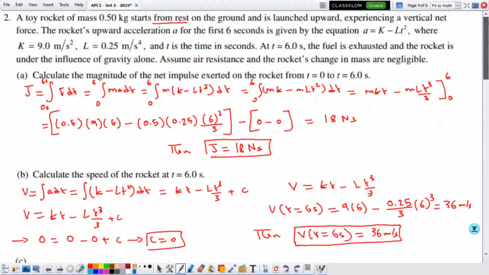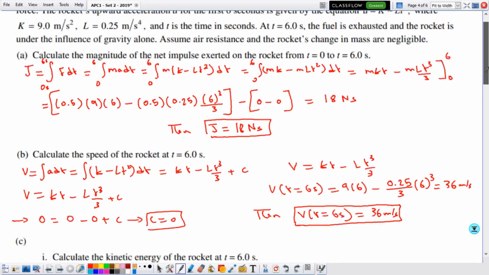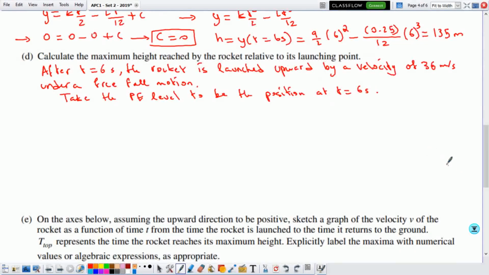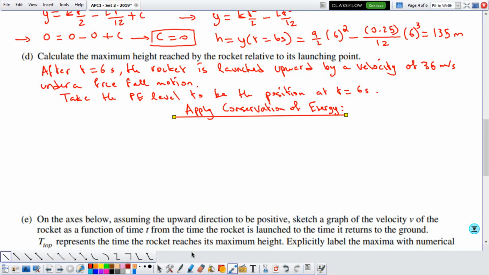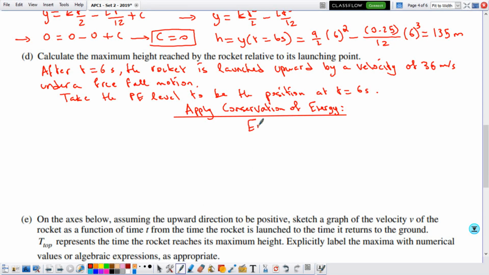Simply because we assume air resistance is negligible, so we don't have any frictional forces. And I will apply conservation of energy, which means energy final would be equal to energy initial.